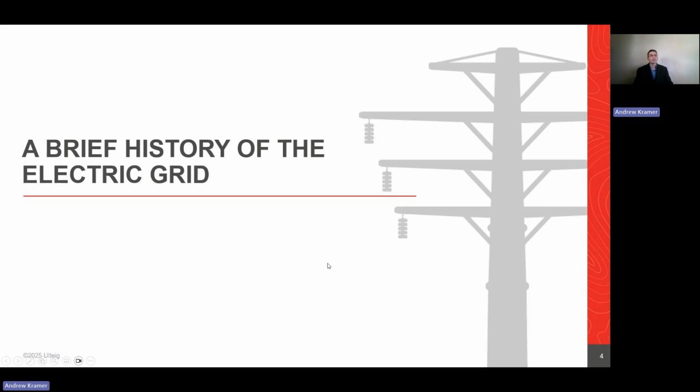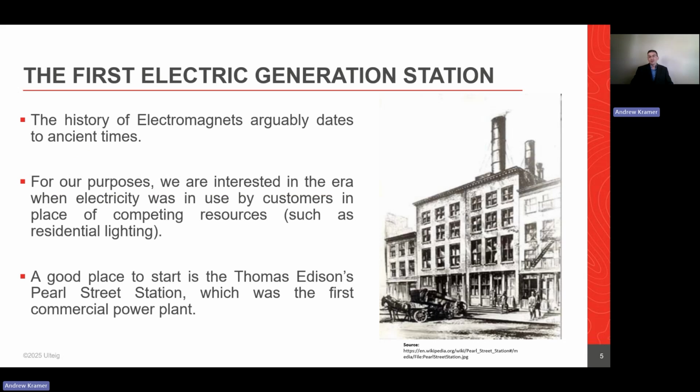So let's go ahead and jump through our history, and our first point, which is a brief history of the electric grid. It's hard to determine where to start when we talk about electricity, right? A lot of the original research on it, you could argue, dates back to ancient times. The Greeks and many others certainly understood magnets and understood that they were an interesting phenomenon. In the 17th century, a whole lot of work was being done on electricity and the beginnings of the theory behind it.